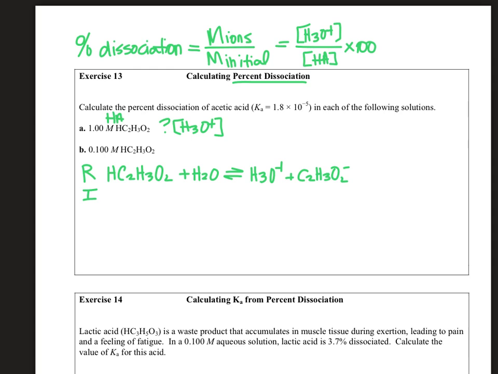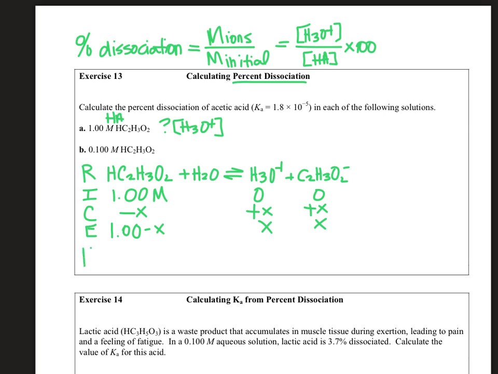Initially I'm going to have 1.00 molar of my acid, no hydronium or acetate. My change is going to be minus X and then plus X for each of these, because I'm increasing ions. And at equilibrium, I would have less of the acid and X amount increased of my H3O plus.